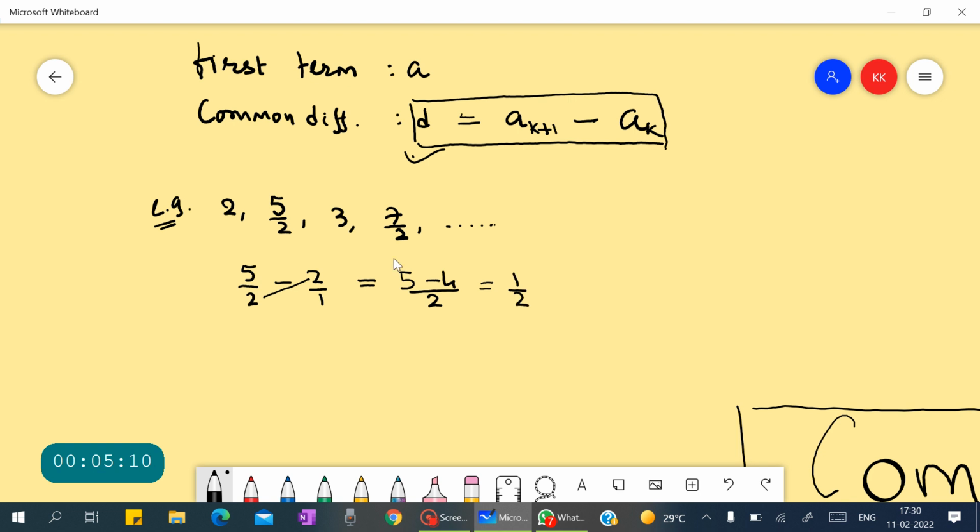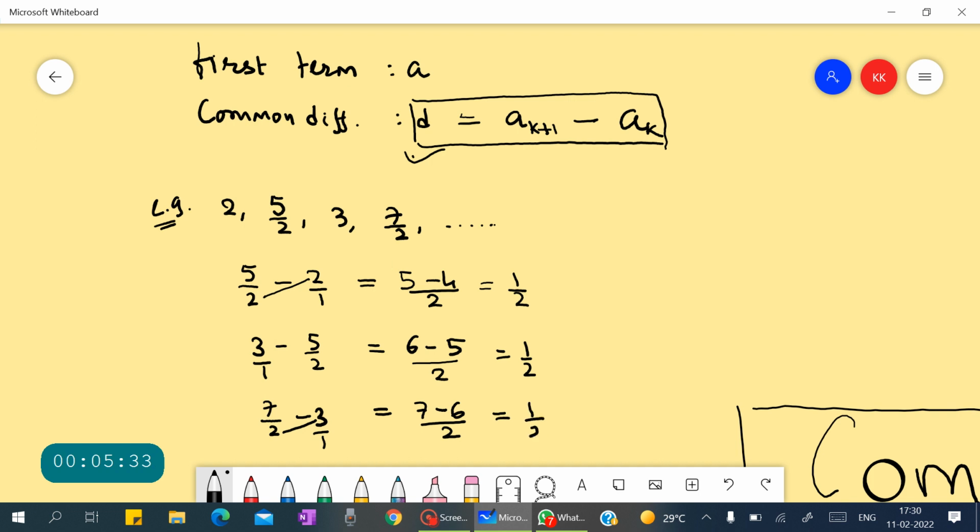Then third term minus second term. 3 minus 5 by 2. 3 twos are 6, minus 5, 1 twos are 5... upon 2. It's 1 by 2. Then next, 7 by 2 minus 3. 7 minus 3 twos are 6 upon 2, 1 twos are 2, so 1 by 2.